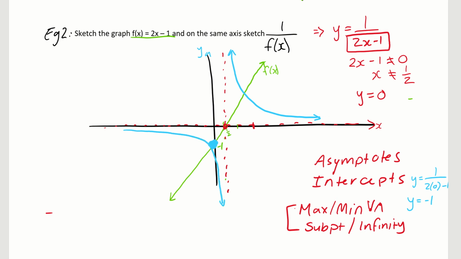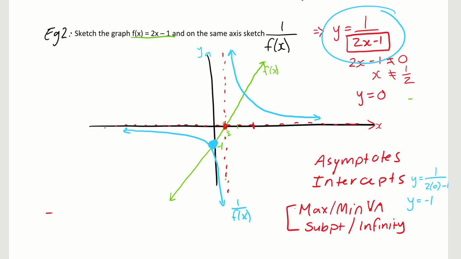Oops, and that should be passing through a negative 1. So there, in the blue, is my graph of 1 on f of x, or 1 on 2x minus 1. Make sure in your graph that you are showing those arrows approaching the asymptotes. They're getting closer and closer and closer.